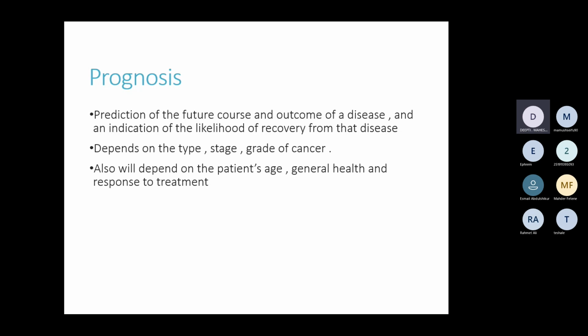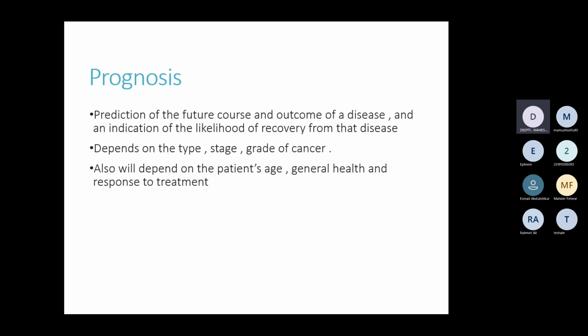So what do you mean by general health? Whether the patient is lean or thin, whether the patient is healthy, the patient's fitness is good. All that also helps in deciding. And also the response to treatment. What do you mean by that? How well the patient is responding to the treatment.